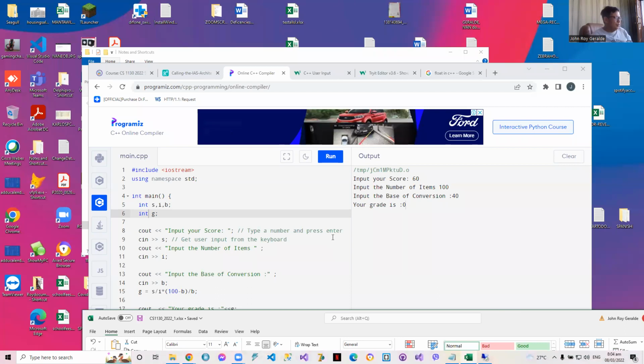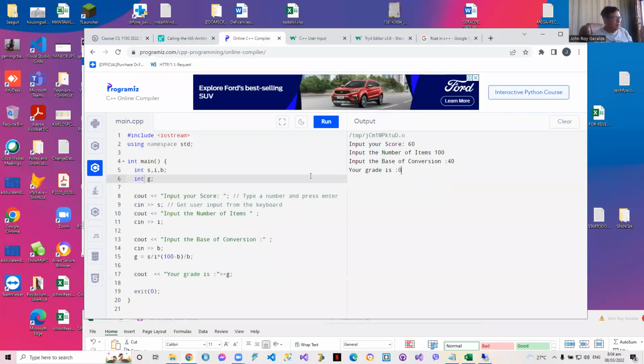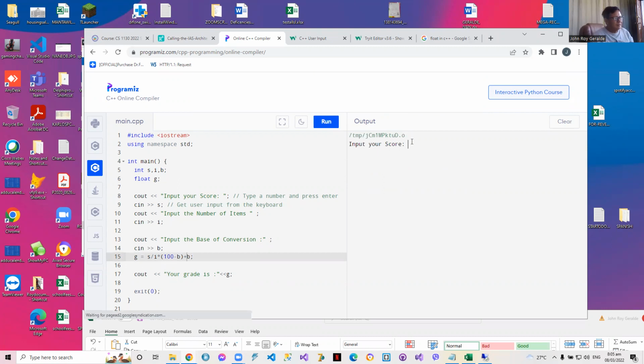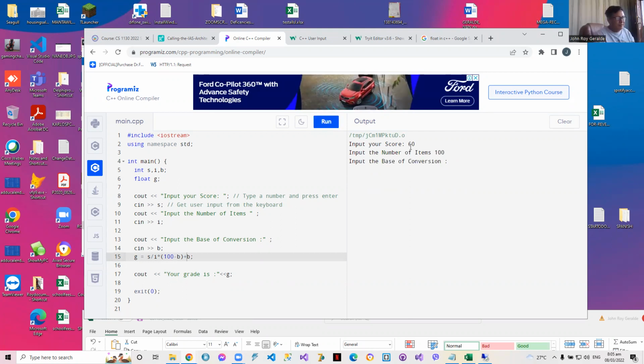How do we compute a float in C++? Kasi 0 siya. Plus B yata yung last. I'm sorry, yeah, mali. Thank you for noticing, okay? So, 60. 100.